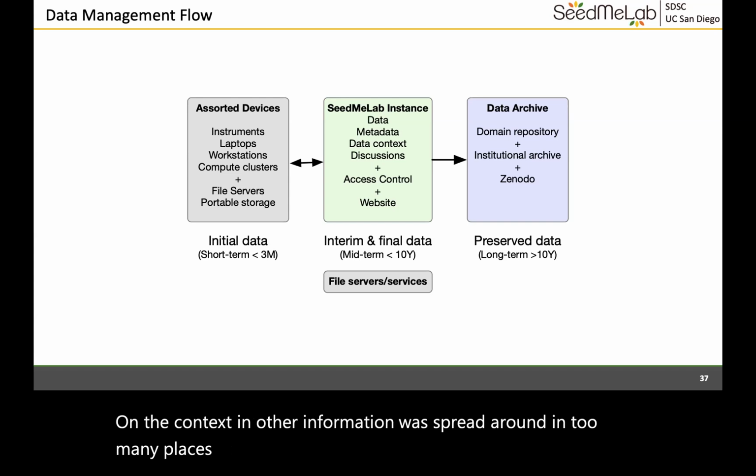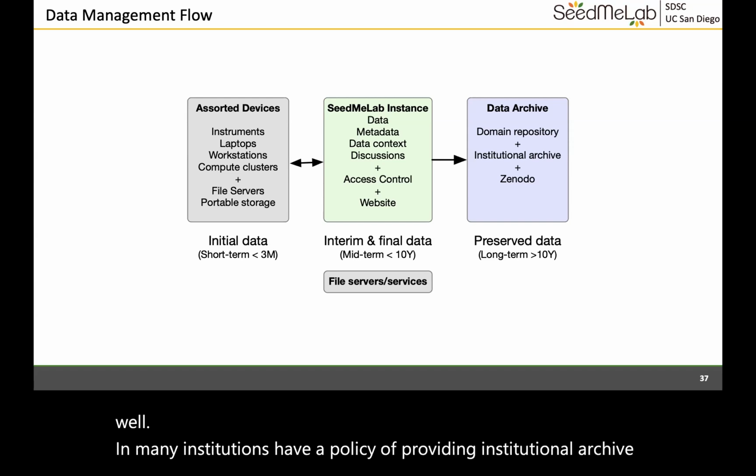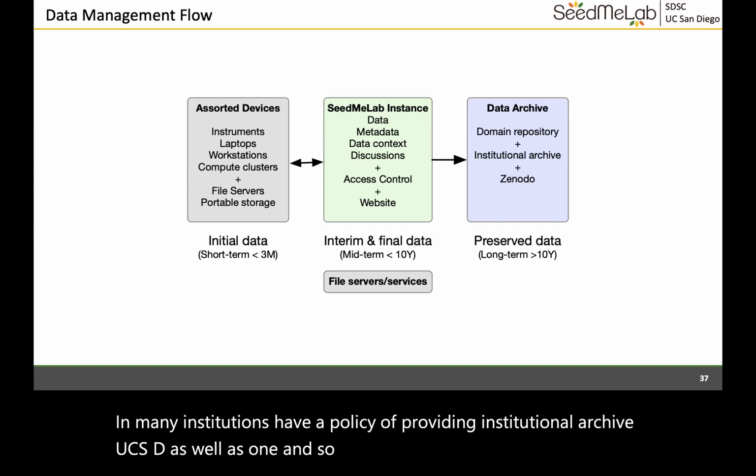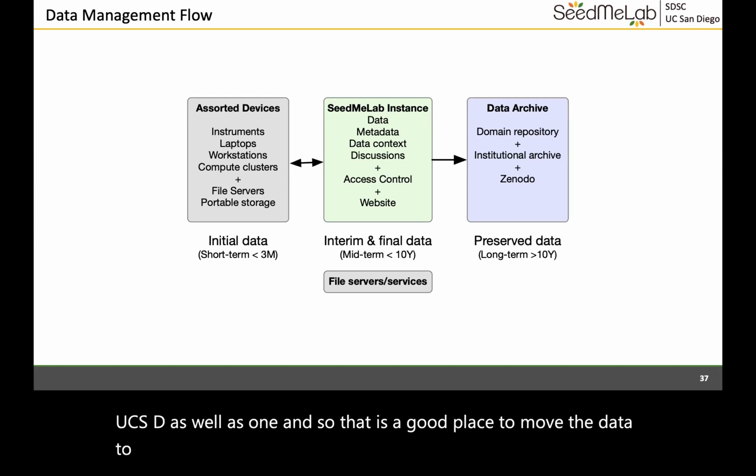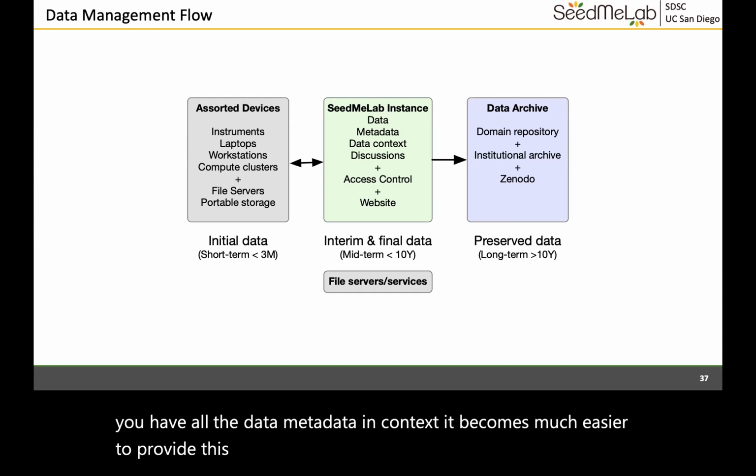In many cases, a domain repository is not available. Many institutions have a policy of providing an institutional archive. UCSD has one, and that is a good place to move the data, where it's preserved for a longer term. Again, if you have all the data, metadata, and context, it becomes much easier to provide this information in the form these archives desire and make it available.